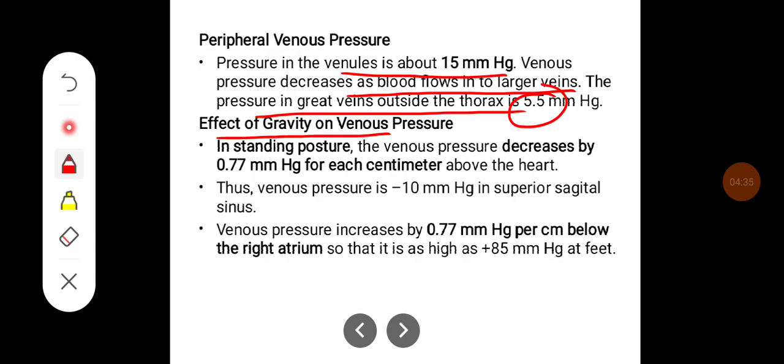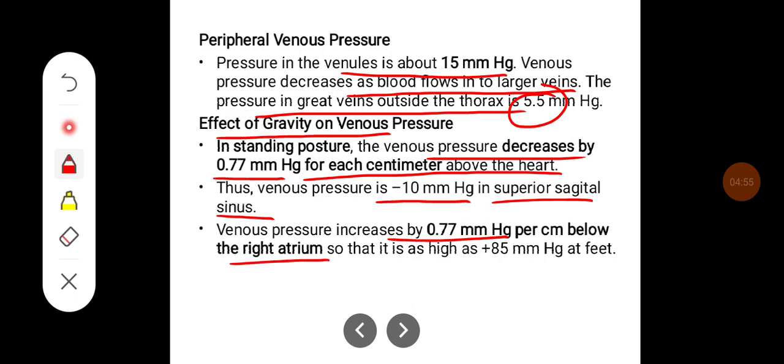On standing posture, venous pressure decreases by 0.77 mm of Hg for each centimeter above the heart. Thus, venous pressure is minus 10 mm of Hg in the superior sagittal sinus. The venous pressure increases by 0.77 mm Hg per cm below the right atrium, so that it is as high as plus 85 mm Hg at feet.